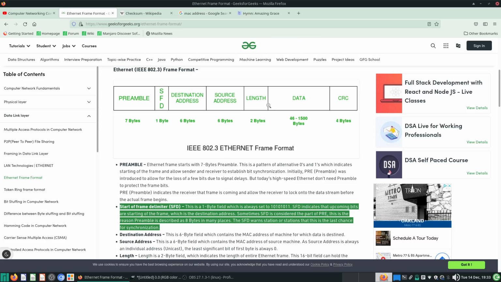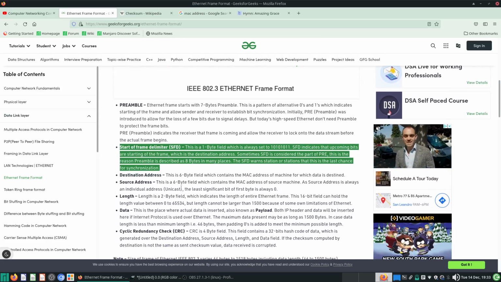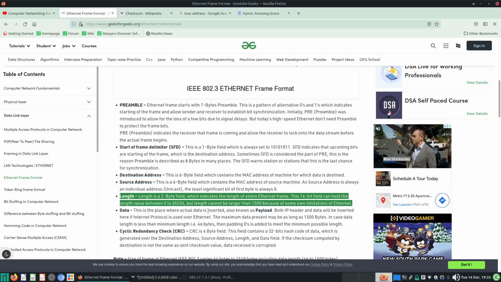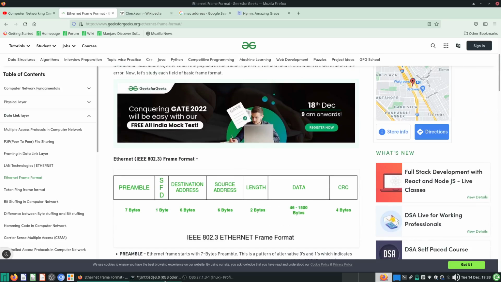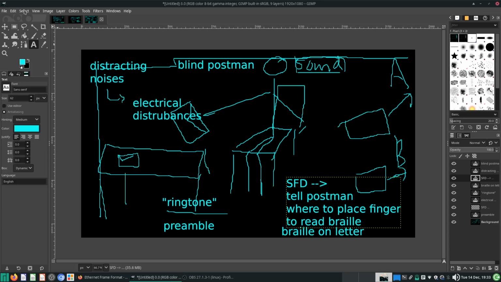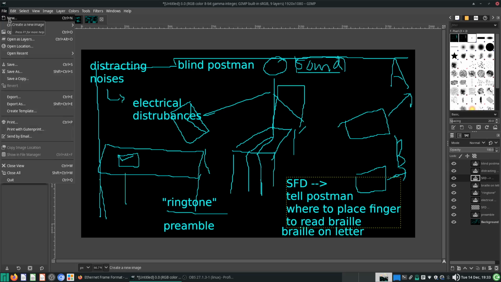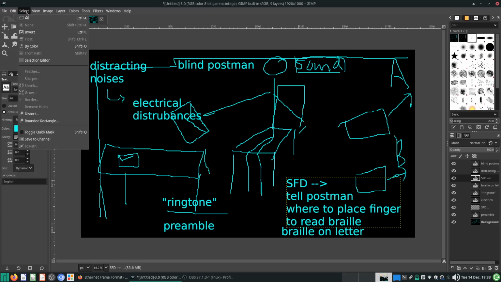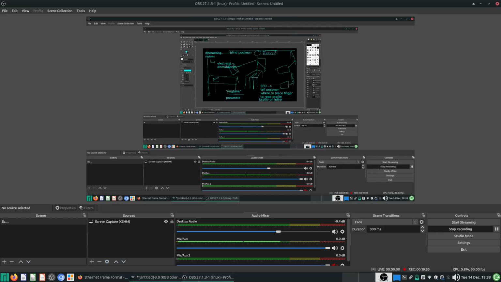Okay, so the next part doesn't really do so well with the postman analogy. Why? Because this involves the postman starting to read the letters.